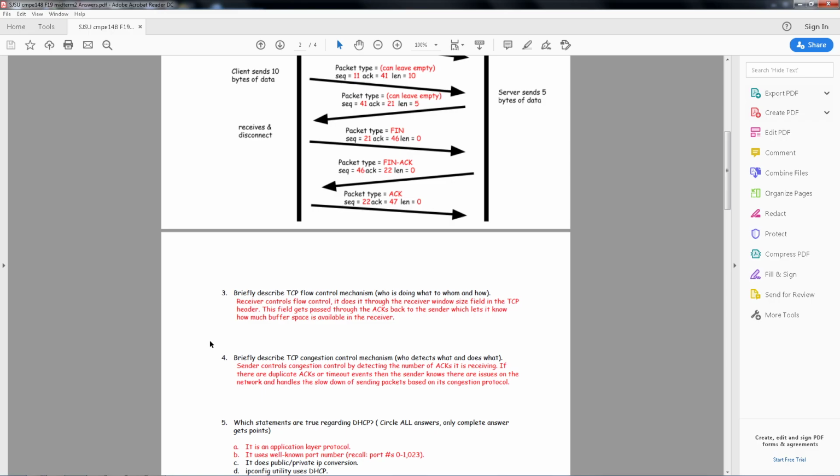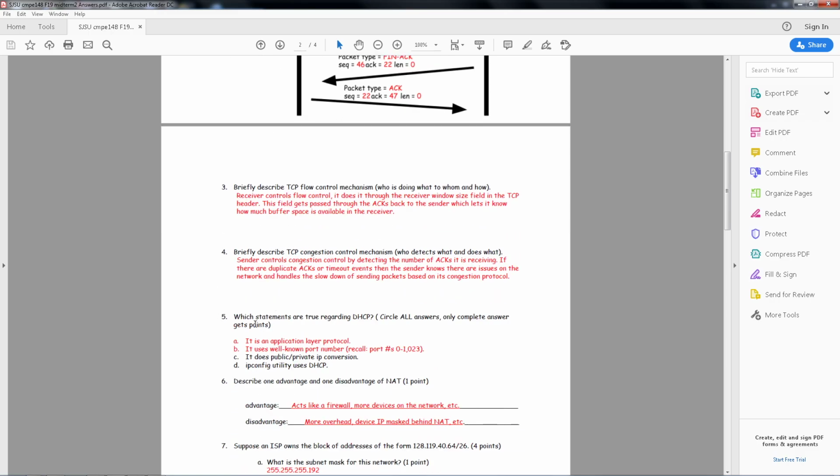And in TCP congestion control, it is the sender who controls it, and it does so by timing the number of ACKs through the RTT times. So if there are any loss events because of timeouts or triple duplicate ACKs or something similar, it knows that there are issues within the network, and depending on what congestion avoidance protocol it has, it will adjust accordingly.